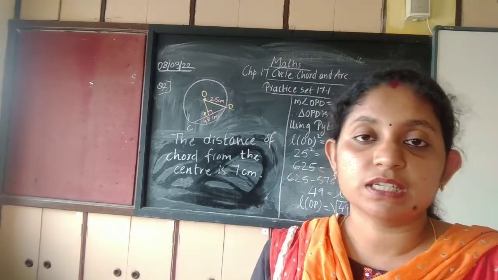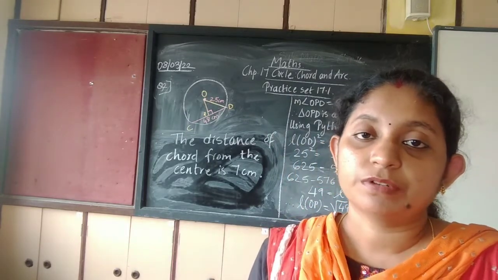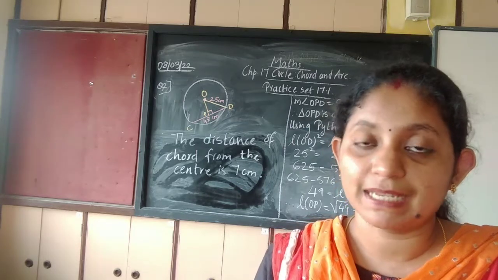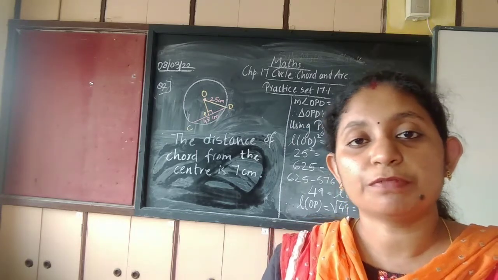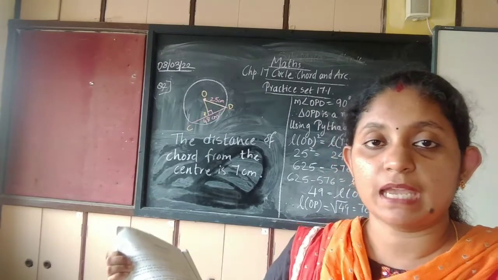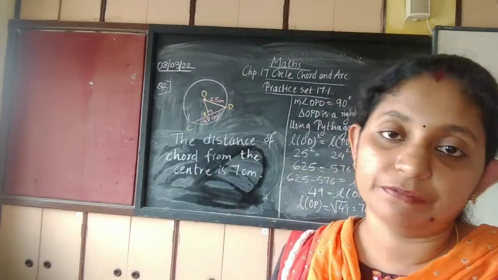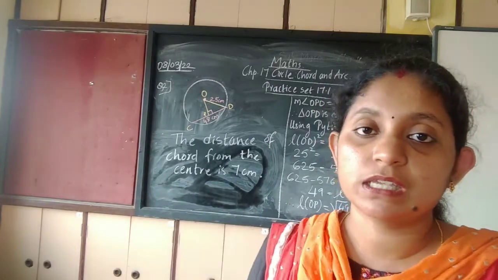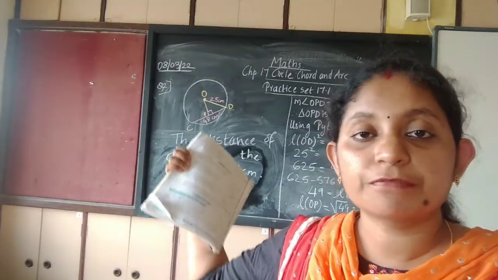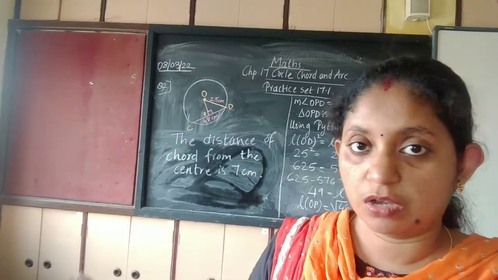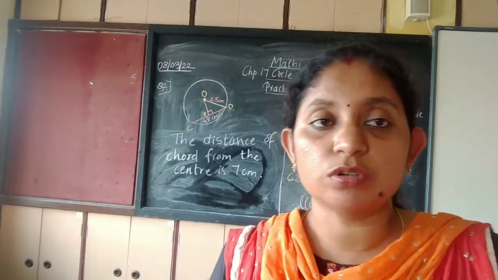Earlier we have seen distance of center from the chord, or distance of chord from the center. Now we have to find out radius. So the method will be the same, only the side which we are finding will be different. You are going to use Pythagoras theorem. You are going to see half of the chord is how much, etc. Okay. So let's do that also.